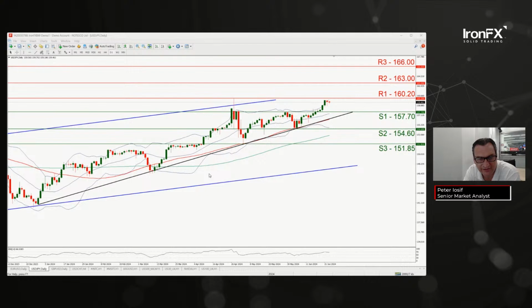Now, on a fundamental level, the situation is quite worrying in the sense that we had BOJ's ultra-loose monetary policy actually weighing on the Japanese yen.